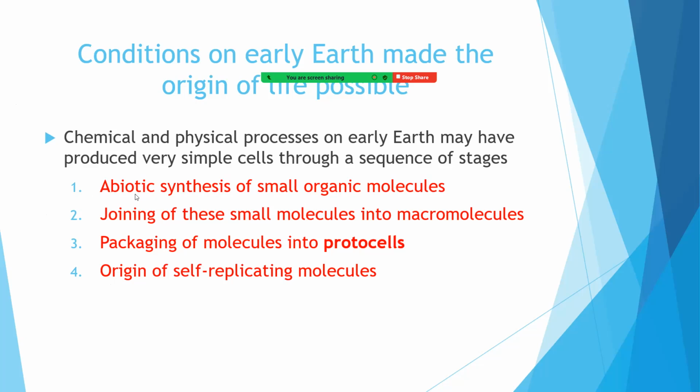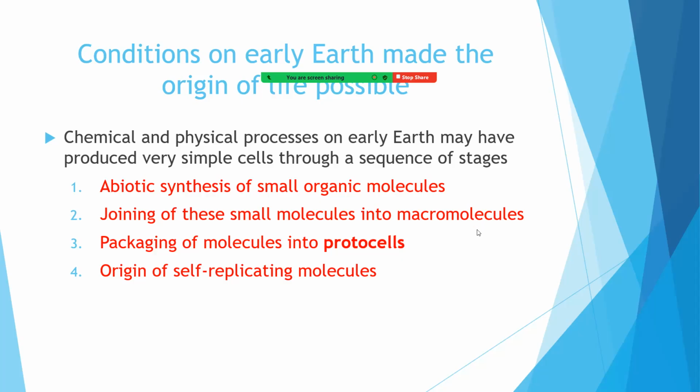So synthesis from non-life forms, or joining together of these small organic molecules. These small organic molecules, the origin of which is still debated, and we'll talk about this too. We join these together to put together our macromolecules.